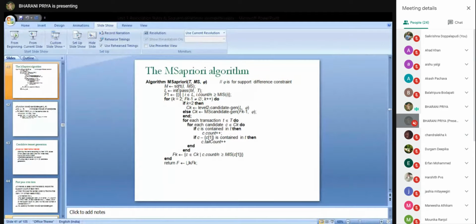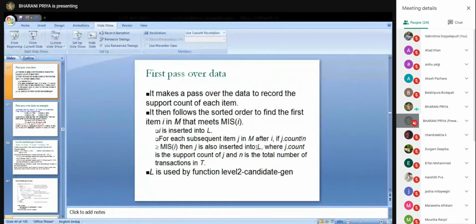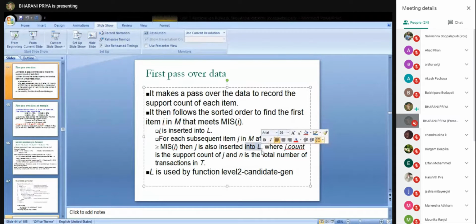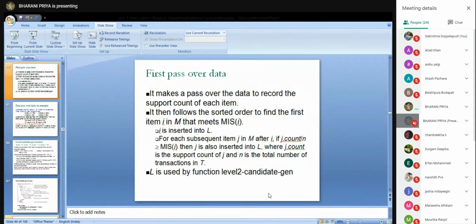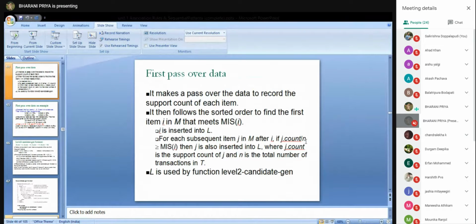Now, first you have sorted according to their MIS values. Next, the L value you need to consider. How will you take this L value? That is the main thing here. For considering the L value, what values will be placed in L? For each subsequent item j in M, so these are M values, if j.count/n is greater than MIS of i.